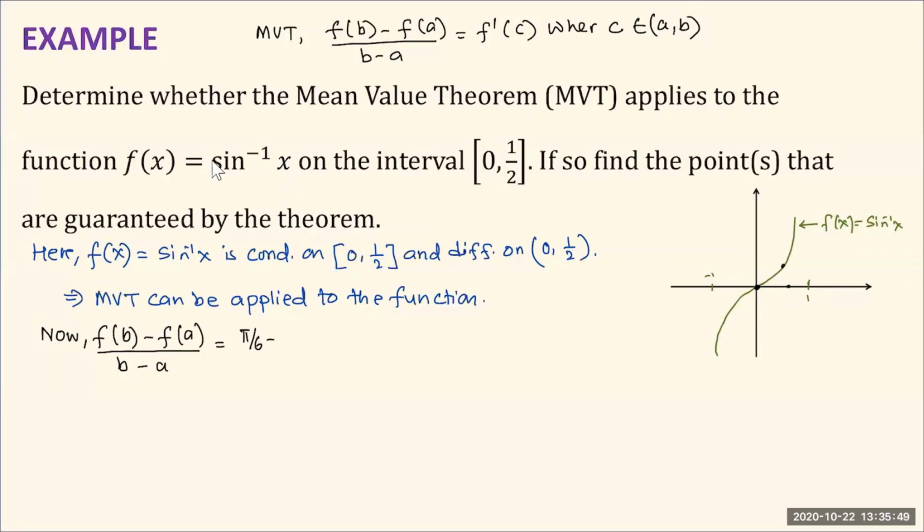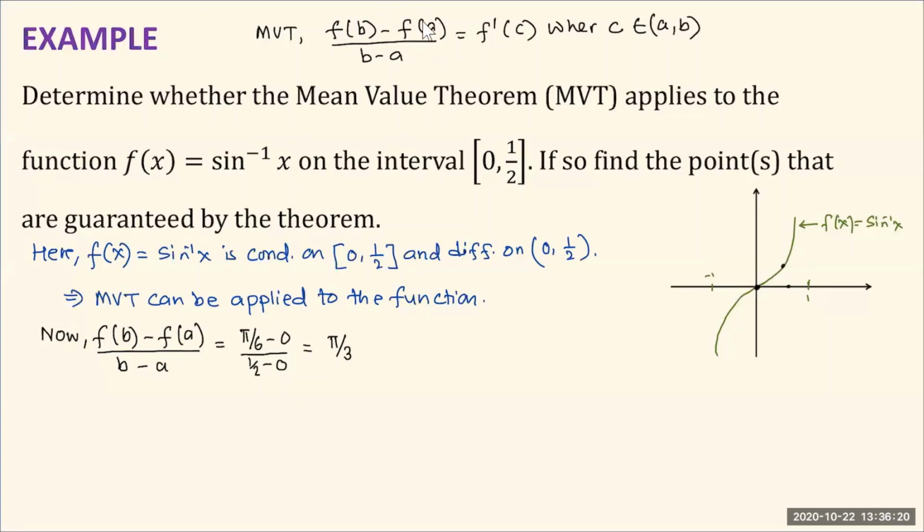If I plug in 0, sine inverse 0 is 0. Then divided by b minus a in the denominator, that is half minus 0. So pi over 6 minus 0, that's pi over 6, divided by half. Pi over 6 divided by half is pi over 3. So that is the value of f of b minus f of a over b minus a.